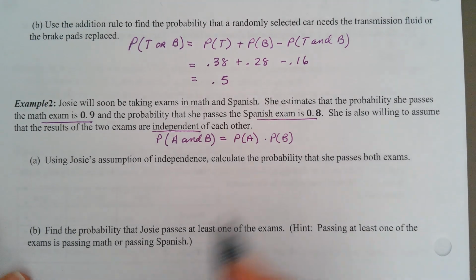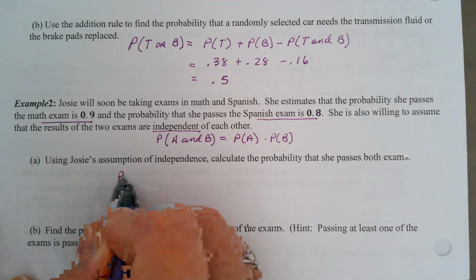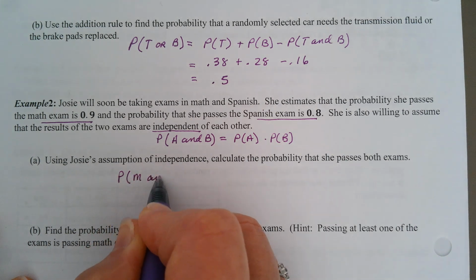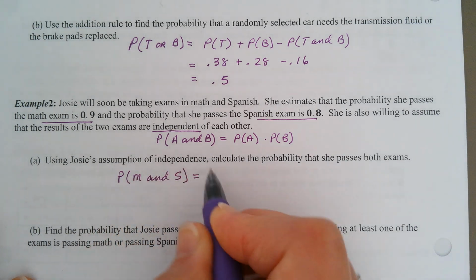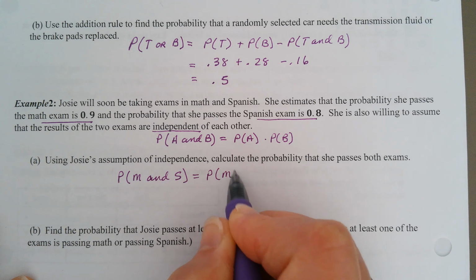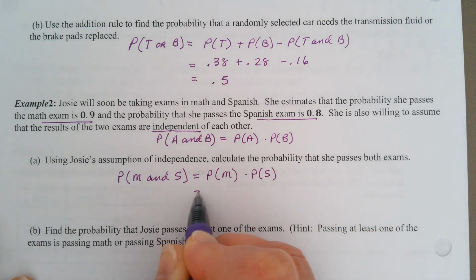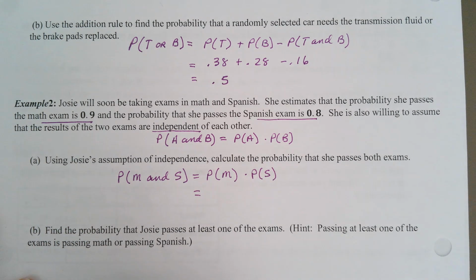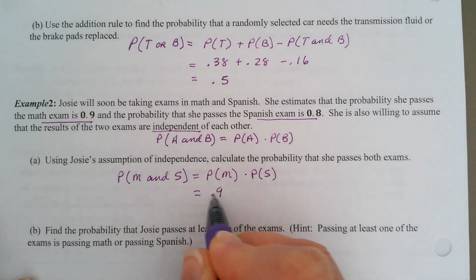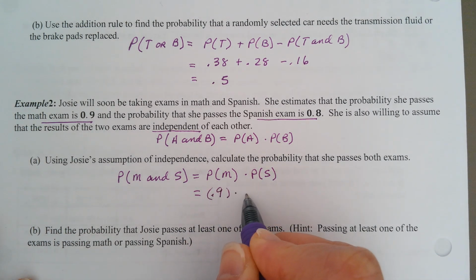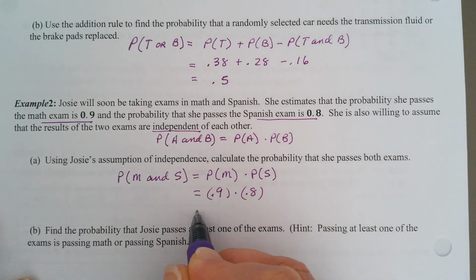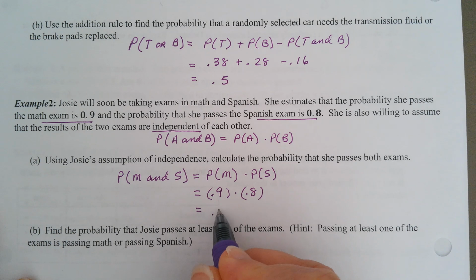So the probability that she passes math and also Spanish would equal the probability she passes math times the probability of passing Spanish. 0.9 times 0.8 is 0.72.